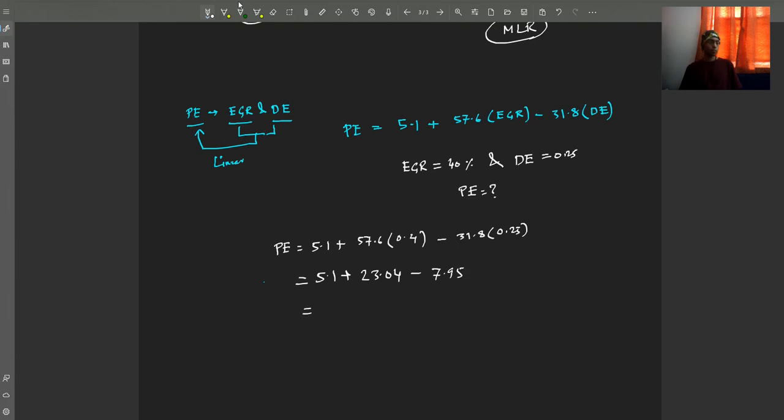Now the value comes to be 5.1 plus 23.04 minus 7.95, this is equal to 20.19. This is our required PE ratio, friends.